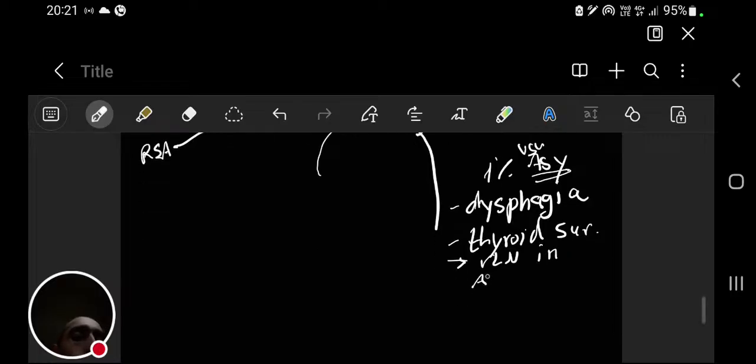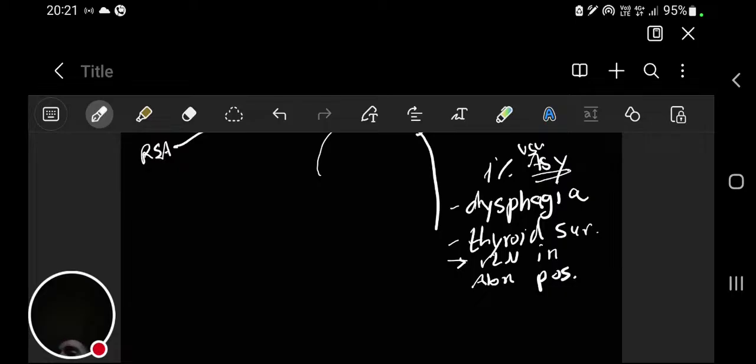It's important to notify this, especially if the patient is going to have thyroid surgery or neck surgeries or anything that may cause problems with the anatomy of this area, especially thyroid, because the recurrent laryngeal nerve is important in those surgeries.